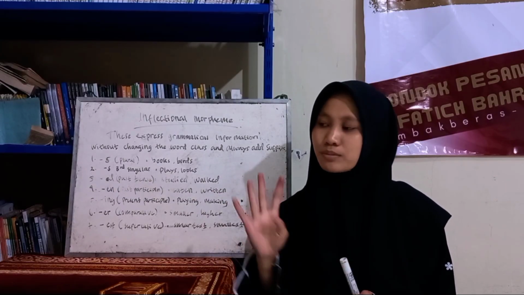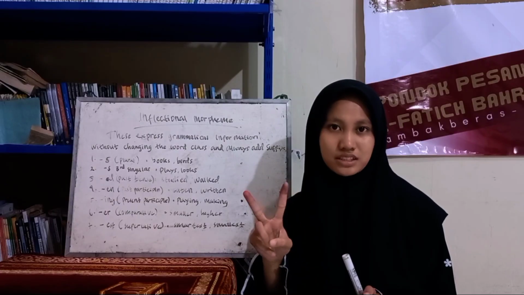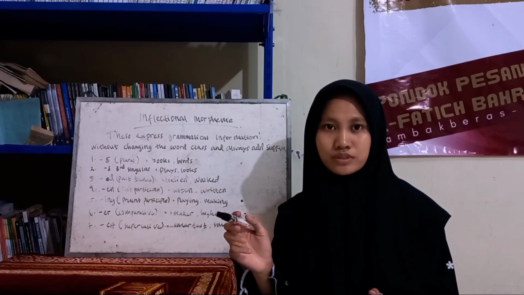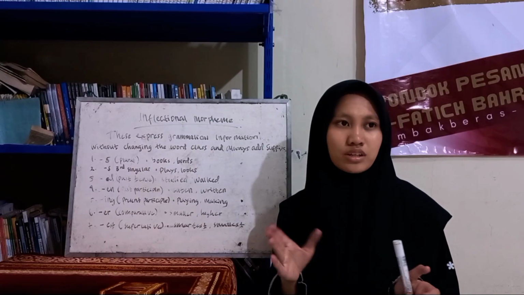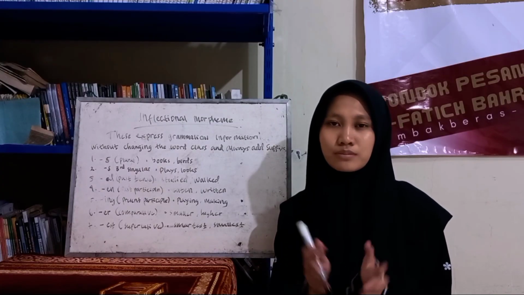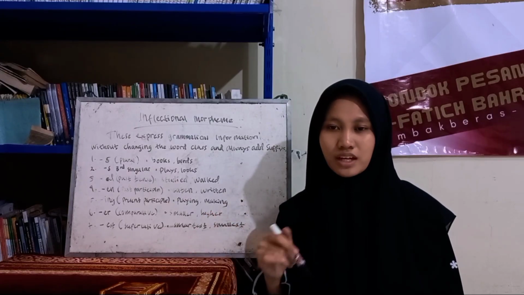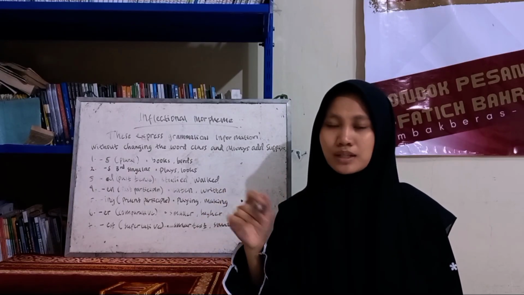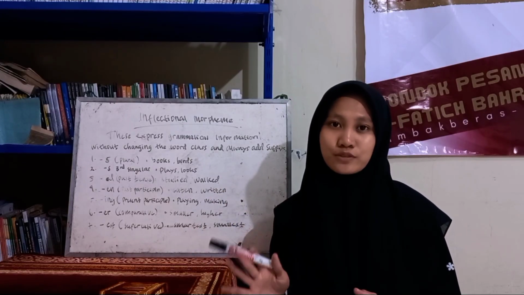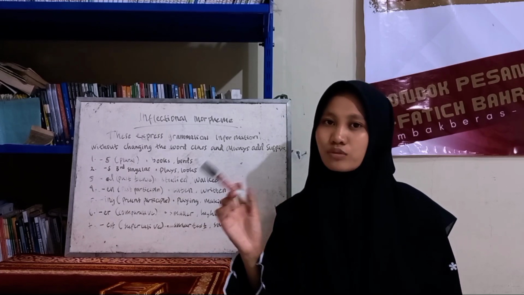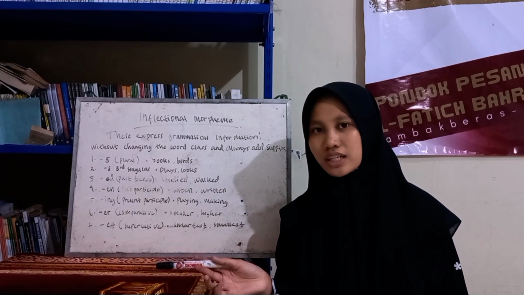And for free morpheme, there are 2 kinds, lexical morpheme and functional morpheme. For lexical morpheme, the examples are happy, run, play, and for functional morpheme, like and, for, between, behind.